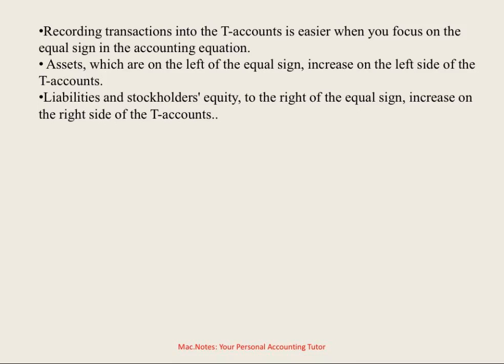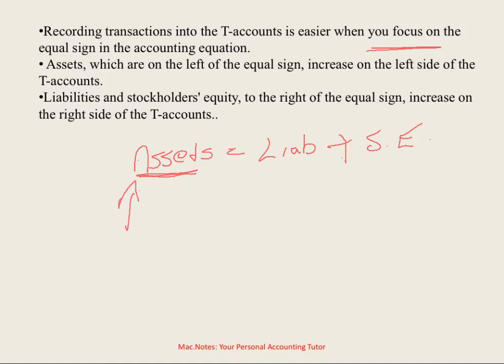Now, recording transactions in the T account is easy when you keep in mind that the equal sign is the balancing thing in the assets equal liabilities plus shareholders' equity. Assets are on the left-hand side, and therefore we're going to say they increase on the left-hand side.